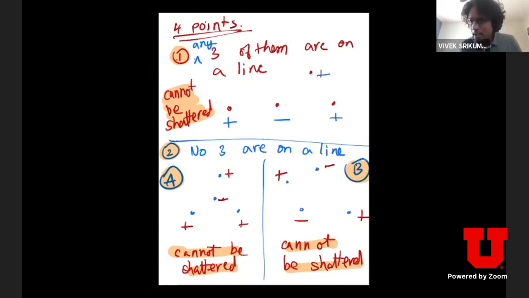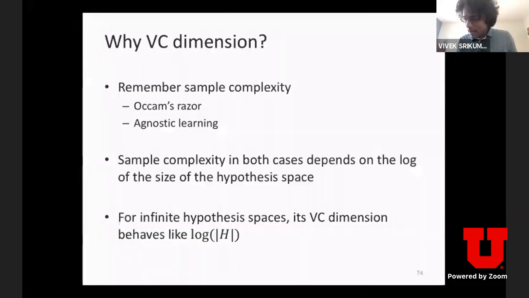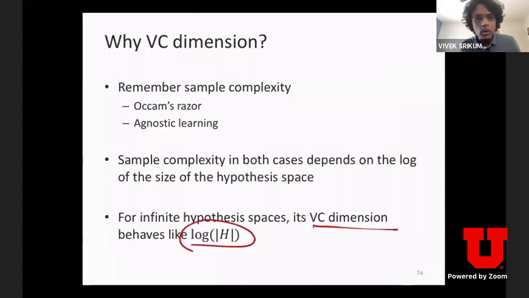In the 5 minutes that are left, I'm going to convince you that VC dimensions are interesting beyond the intuitive argument. It turns out that the VC dimension behaves like the quantity log of the size of the hypothesis space. In fact, you will even prove it in your homework.